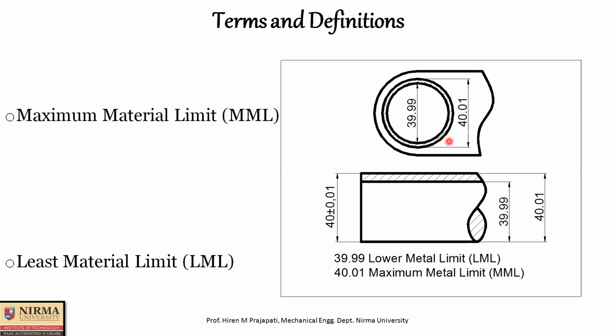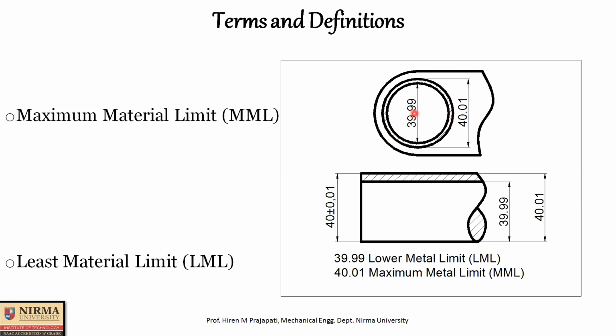So in case of a hole feature, if you produce the hole with the lower limit 39.99, then this much hatched portion of material is utilized more. And if you produce the hole with 40.01, then less material will be utilized.